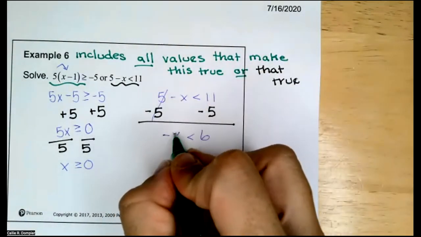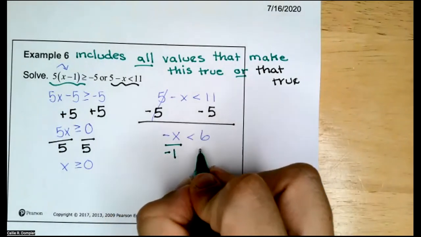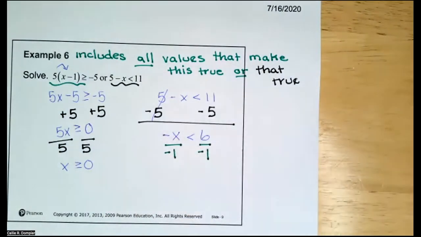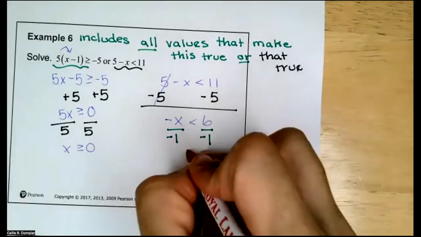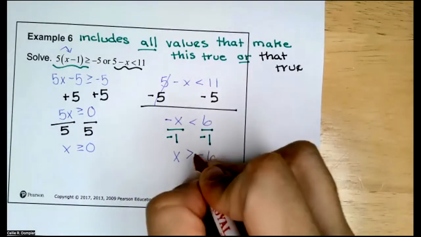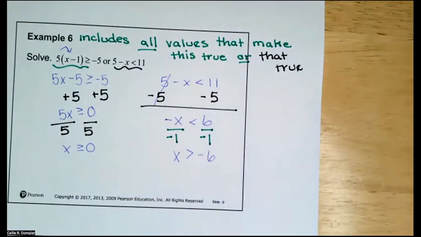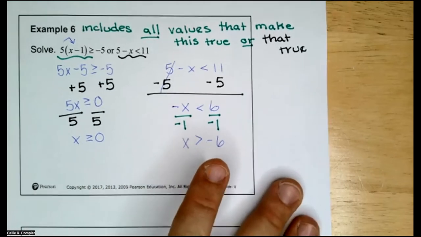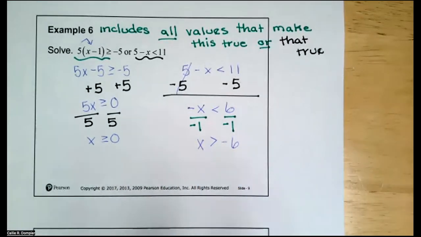Again, I can't have a -x, so I'm going to divide by -1 on both sides. That means I need to flip the sign. +x is greater than -6, okay? There are no or problems on the homework or the quizzes or the exams. But I guess I could show you how to graph it. We still have a minute.